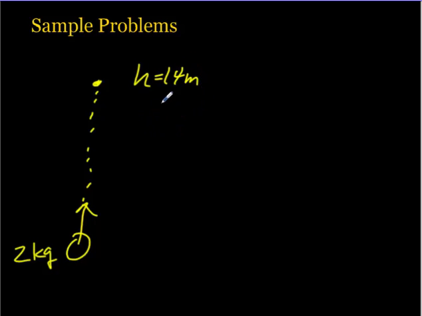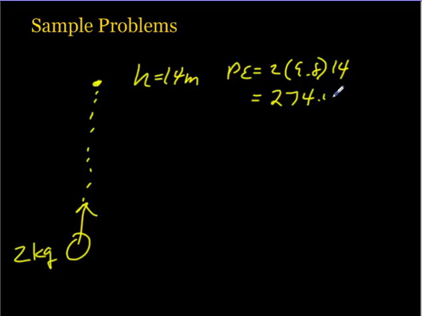If it takes it to a height of 14 meters, what's its potential energy at the top? Well, once again, that's going to be mass times gravity times height. And so that's going to be equal to 274.4 joules.